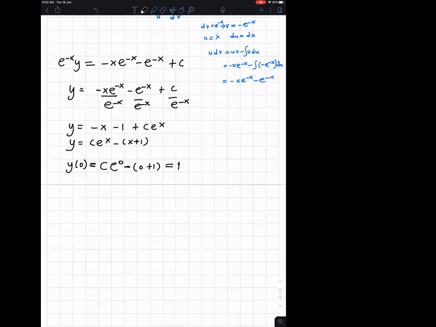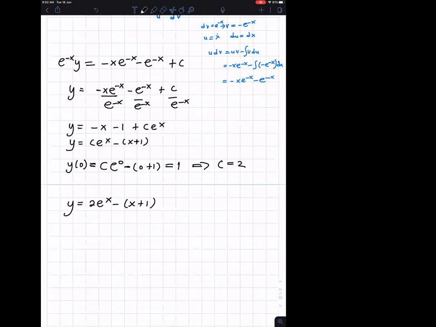If you solve this, you'll end up getting C equals 2. So once you have found your C, you go to that initial equation, then you replace your C with 2: y equals 2 e to the x minus x minus 1.